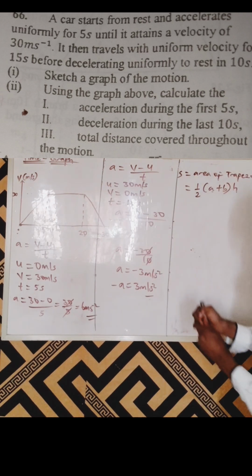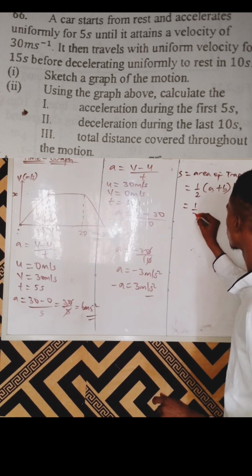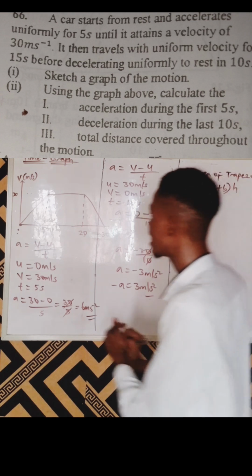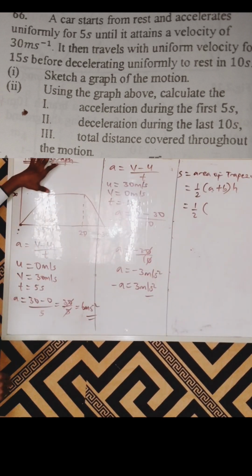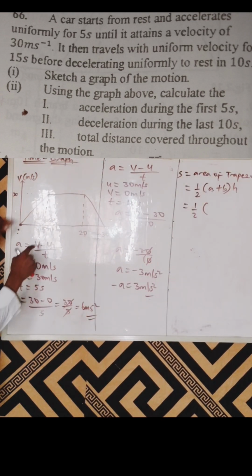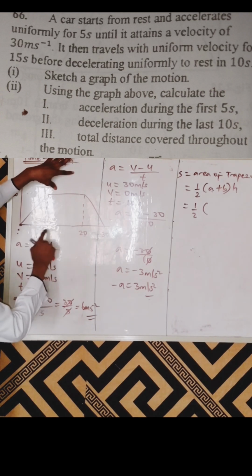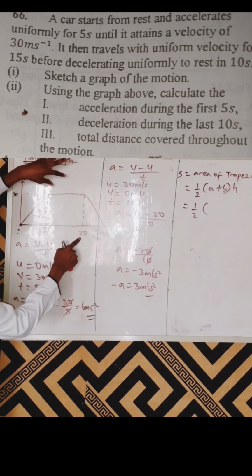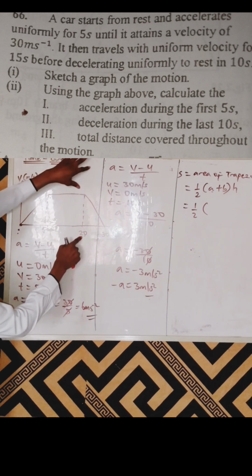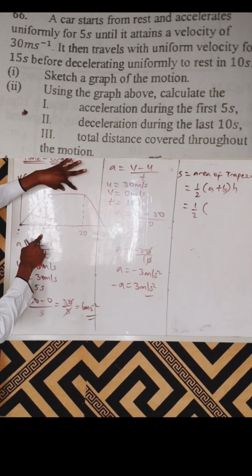What's A here? A is the length from here to here. If here is 5 and here is 20, the distance from here to here is 20 minus 5, that's 15.